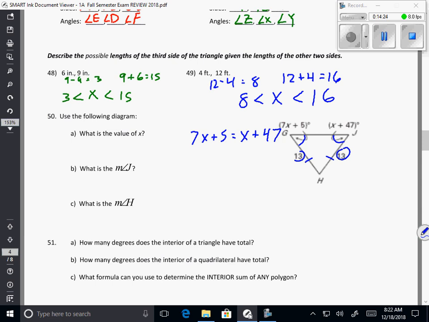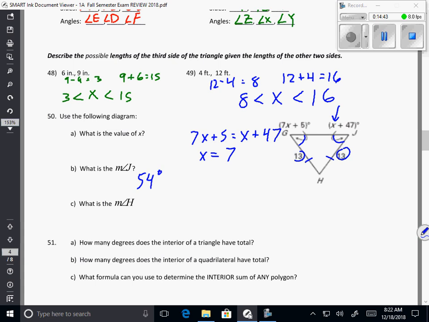When you solve for x, you get a value of 7. So we take that value and plug it back in. 7 plus 47 would be 54. That would be the measure of angle J.